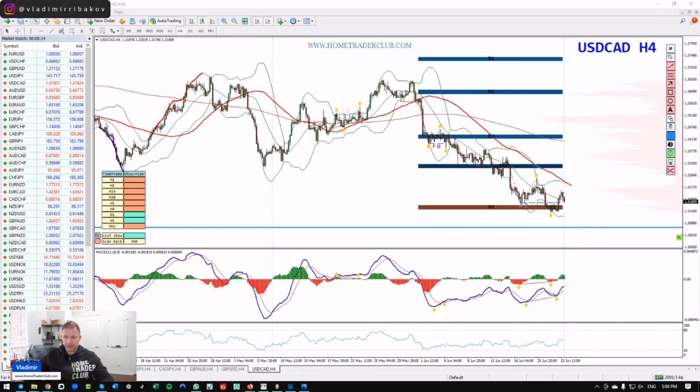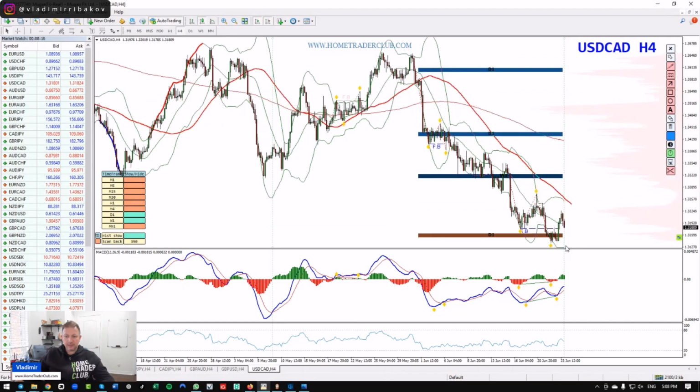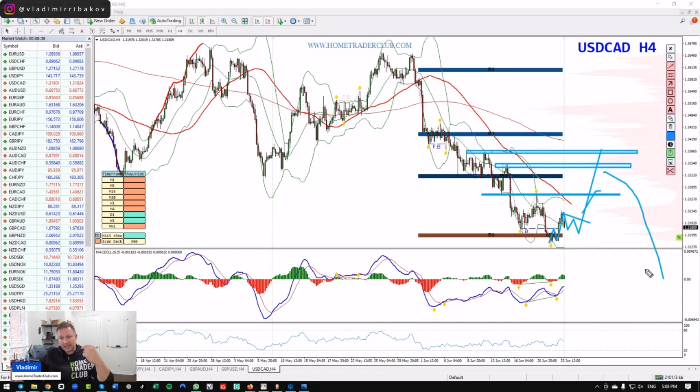The other scenario is that this divergence does hold, and on the lower time frame we will get some waves, which I will explain in a moment. It gets the breakout and then manages to take us to a rally towards the previously created supply areas or swing highs on the move down, before turning down to complete the daily wave.